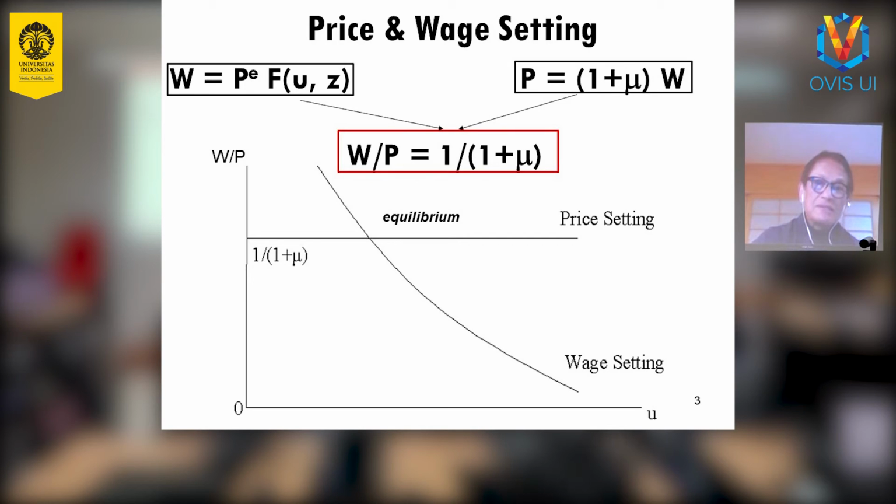So the real wages is nothing but 1 over 1 plus mu. What does that mean? That means the higher the margin, the higher the markup that you are assigning, okay? That means your denominator is also higher. And if the denominator is higher, the real wages is lower.